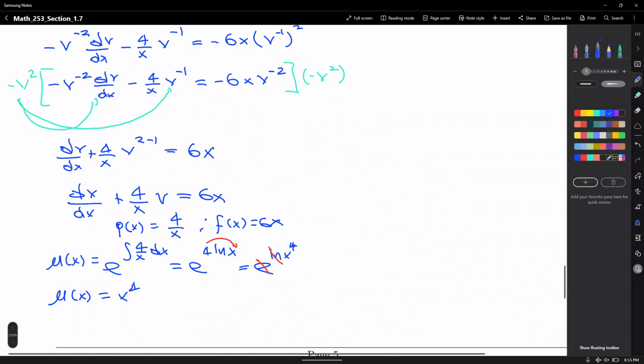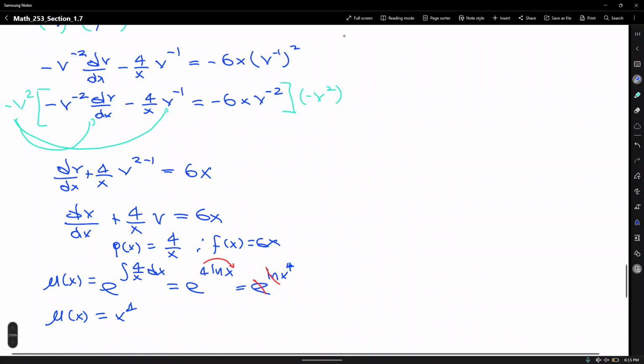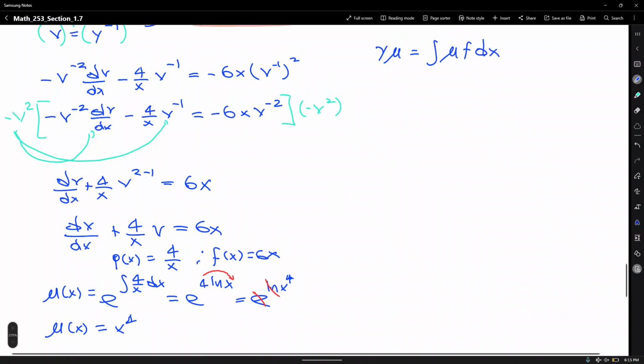So let me continue on this side right here. The formula I gave you to solve a linear first order differential equation was y mu equals the integral of mu f dx. However, we are not in the world of y at the moment; we are in the world of v. So this becomes v mu equals the integral of mu f dx.